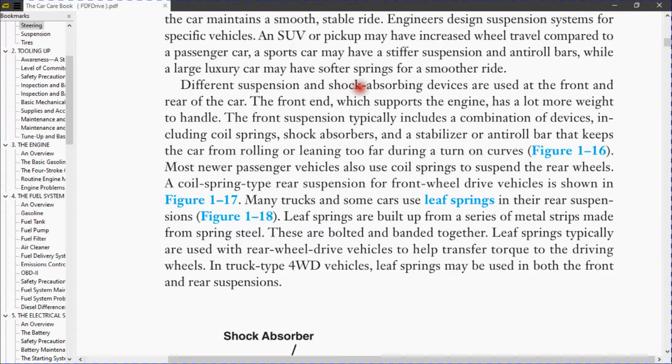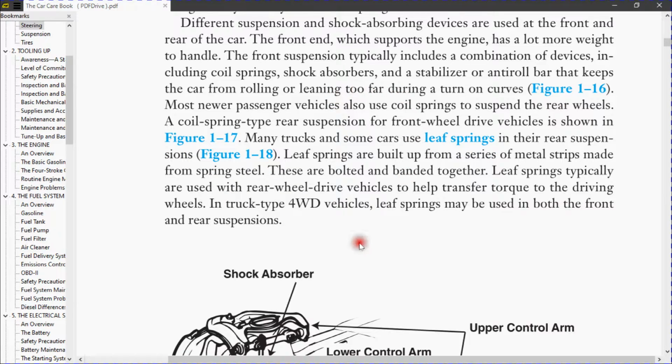Different suspensions and shock absorbing devices are used at the front and rear of the car. The front end, which supports the engine, has a lot more weight to handle. The front suspension typically includes a combination of devices including coil springs, shock absorbers, and a stabilizer or anti-roll bar that keeps the car from rolling or leaning too far during a turn or curve.